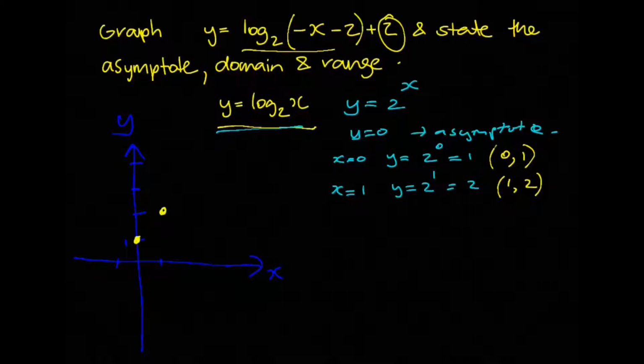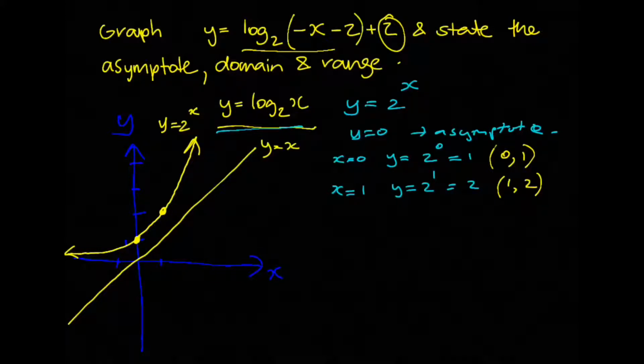So putting in those values, we've got (0, 1) and (1, 2). And then we can go ahead and graph. And this is y equals 2 to the x. Now to get what y equals log to the base 2 of x is, you can reflect that about y equals x.